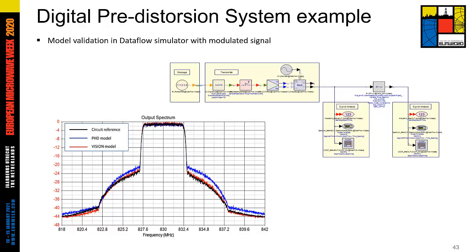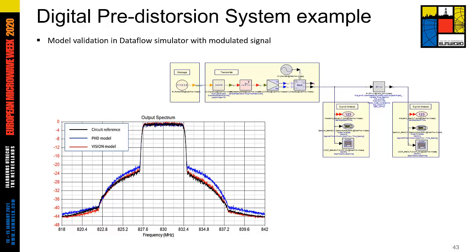We can observe that the static PHD model in blue predicts a perfect symmetry between the left and right ACPR, which is not compatible with low-frequency memory effects we have seen. Also, we note that the simulated spectral regrowth on the right side is overestimated by around 5 dBc compared to the circuit simulation used here as a reference.